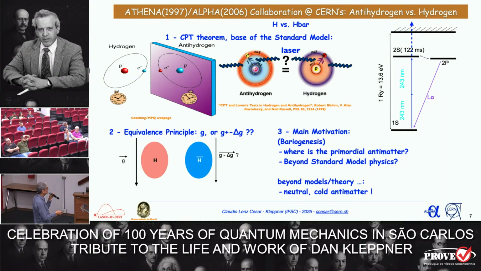And the question is, is g the same? And here, is the frequency of hydrogen the same as anti-hydrogen? Those are genuine questions to ask, okay? And of course, one can go beyond models and theory. It's a nice, different material than anybody has. So we have the obligation of checking everything about this material, right?